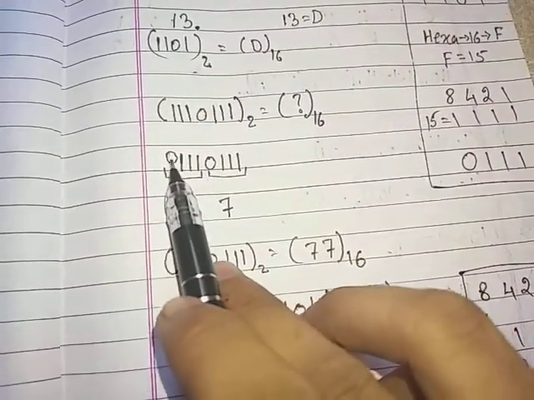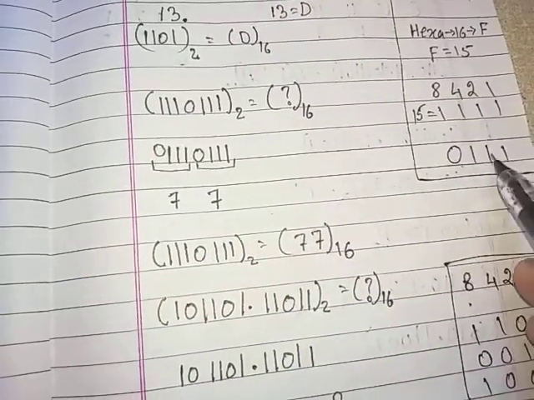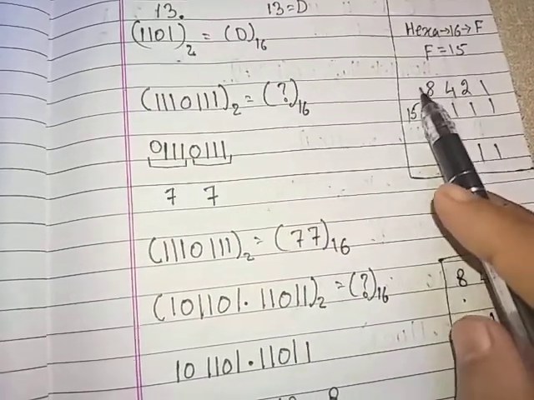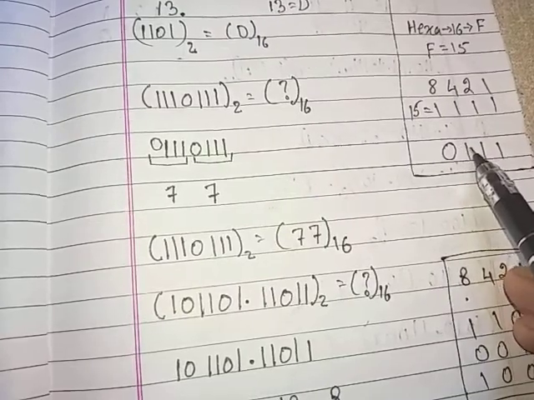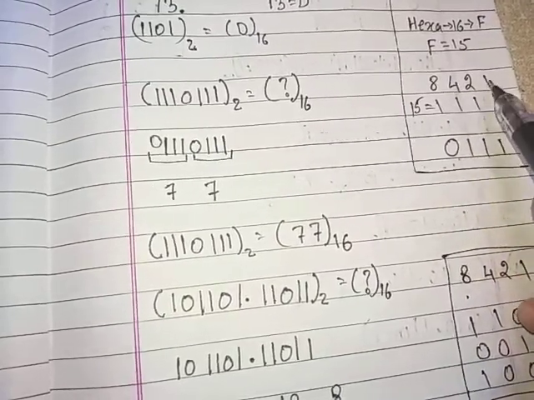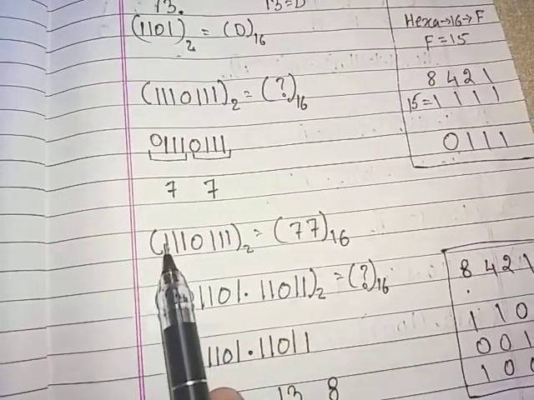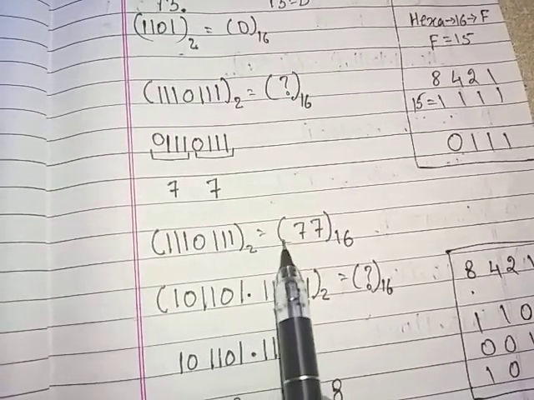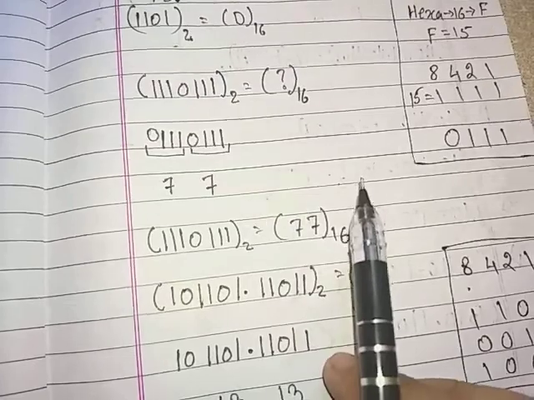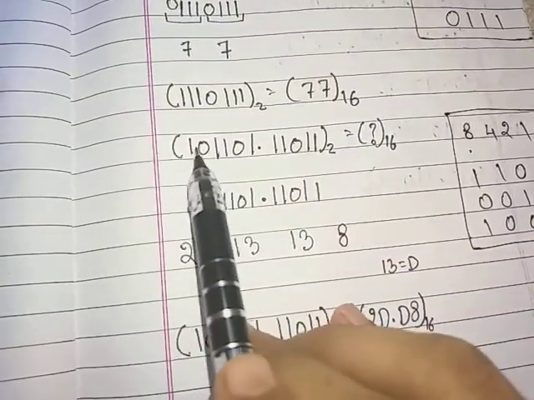So we have 0111, that is, when substituting this in 8421 formula, we have 4 plus 2 6 plus 1 7, so we have 7. So we can say that 1110 radix 2 is equal to 7 radix 16. Let's see one more example.